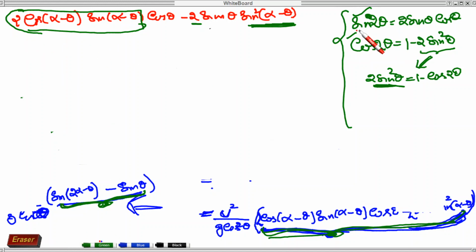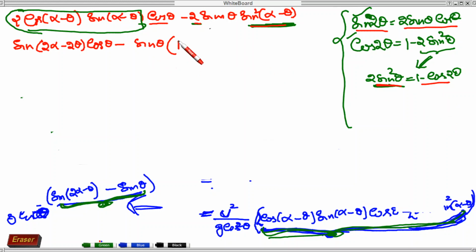When we use sine 2 theta is equal to 2 sine theta cos theta, it becomes sine of 2 alpha minus 2 theta, and this will be cos theta, minus, and when we use 2 sine square theta here, our sine theta will be there, and in the bracket, 1 minus cos 2 alpha minus 2 theta.